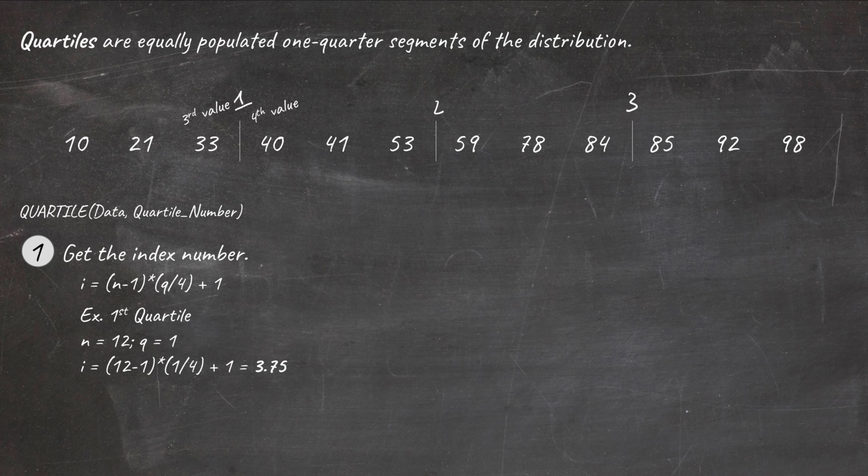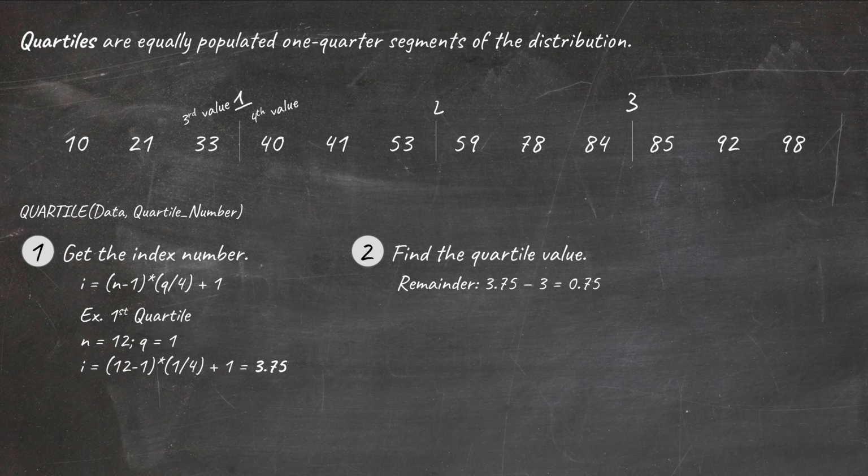And so that's what we need, our third and fourth value. With that, we can find the quartile value. We find the remainder in our calculation for the index, the decimal places, which is 0.75. So 3.75 minus the whole number, which is 3, gives us 0.75.